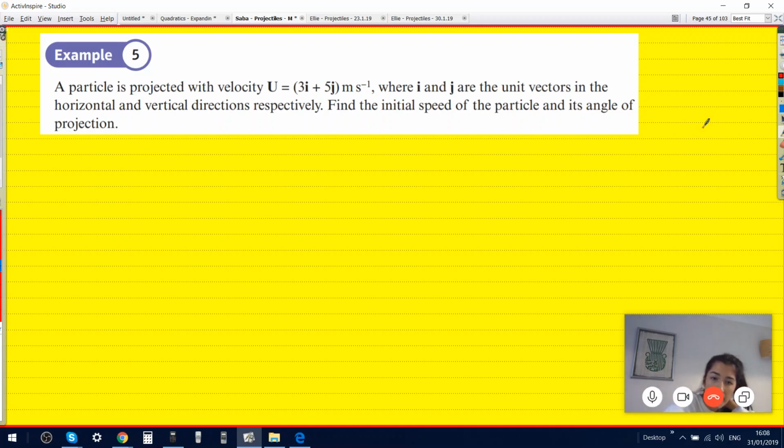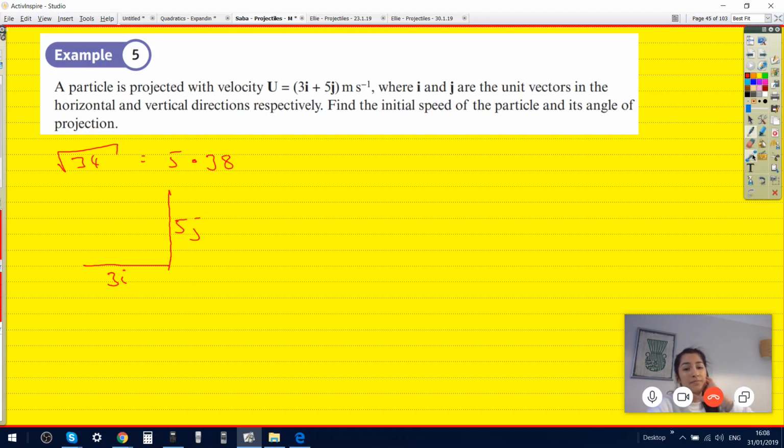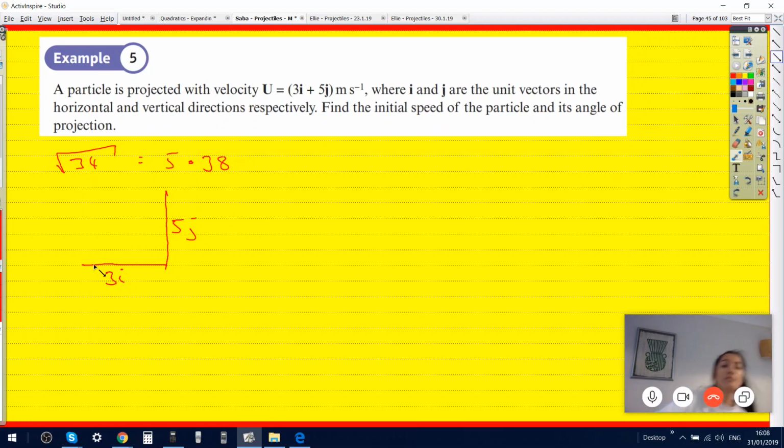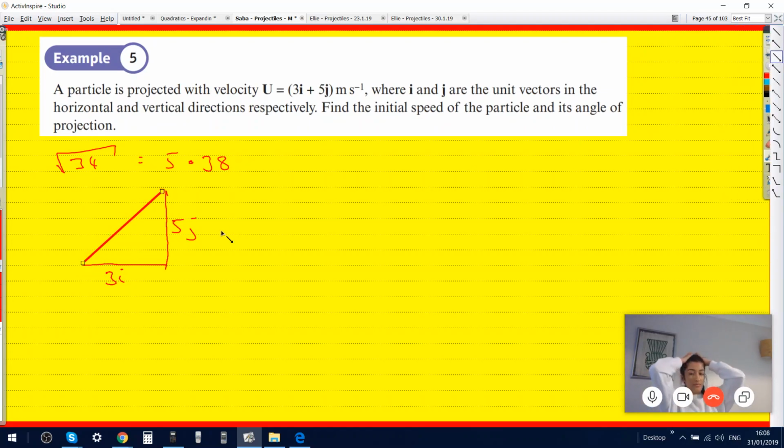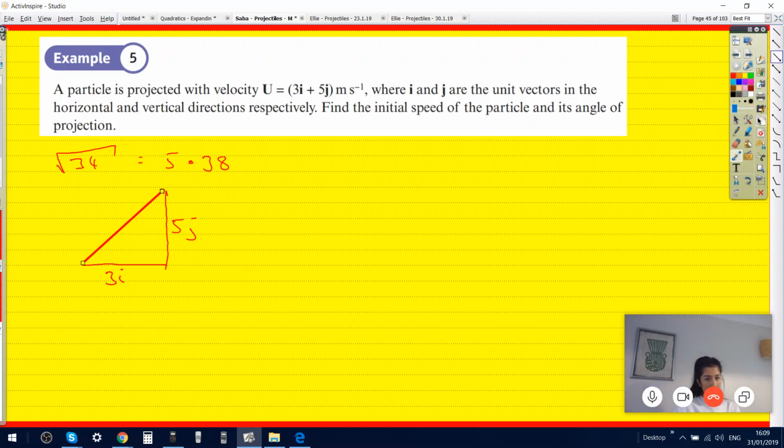So initial speed, do you find the magnitude? So if you think about it, 3i is like that, 5j is like that, and the magnitude of the vector will just be the hypotenuse, so it will be Pythagoras: root 34.